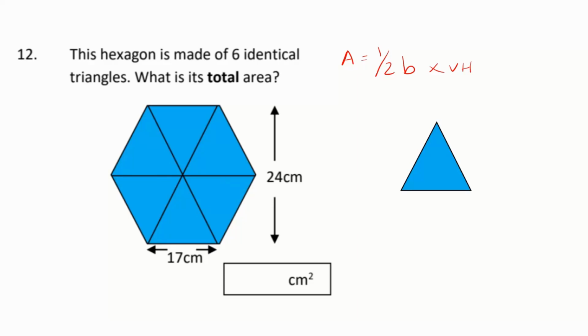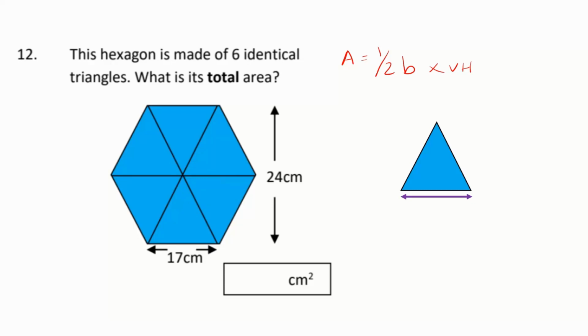Here we go. So we know the base of this triangle because it's been given to us here at the bottom. It's 17 centimetres. Half of the base times the vertical height. Now, often when I ask this question and I say, what's the height of this triangle? I get the answer 24. But can you think why that's not the right answer?